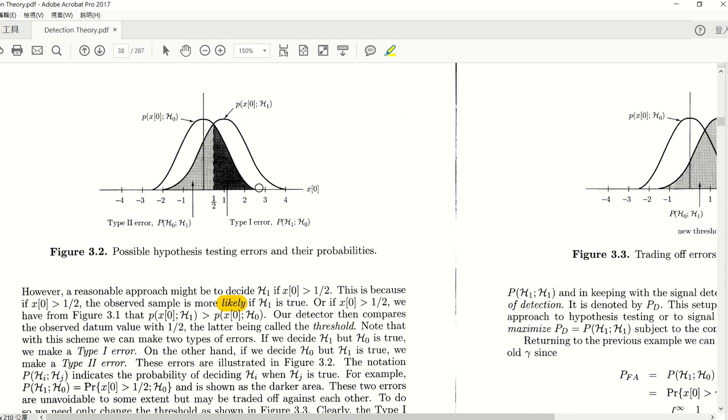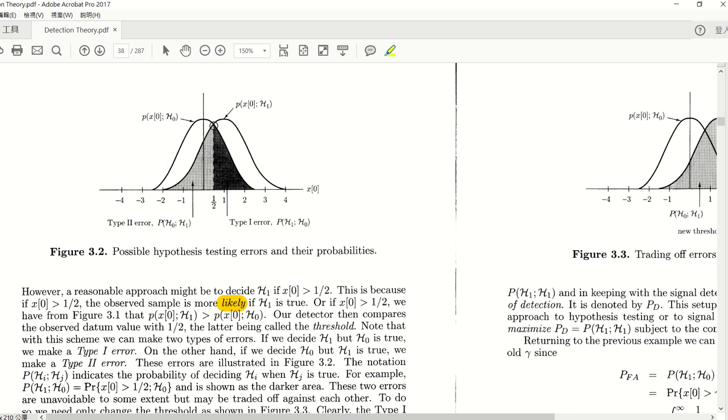Right? So to put it another way, if x0 is larger than 1/2, we have from figure 3.1 that p(x|H1) is larger than p(x|H0).